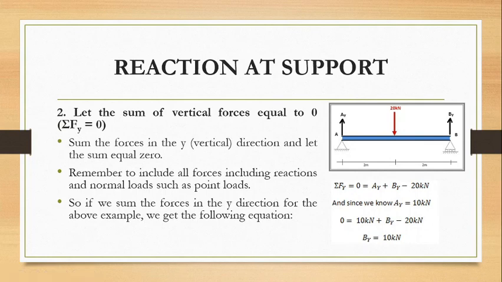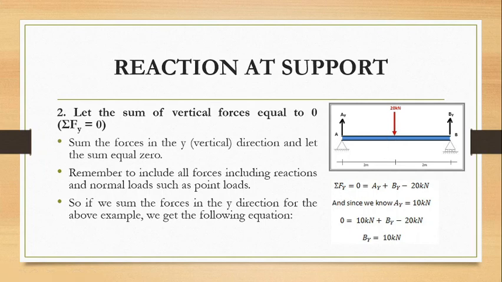So our next step is to find the reaction force at point B. Assume that the sum of the forces acting vertically on the beam is equal to 0. Remember that we have to include all the external forces and the reactions as well.